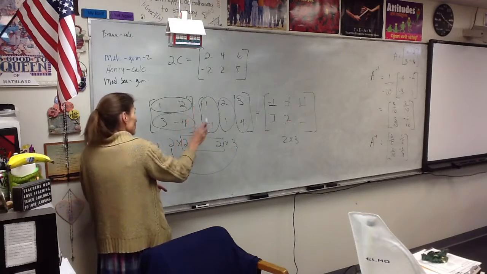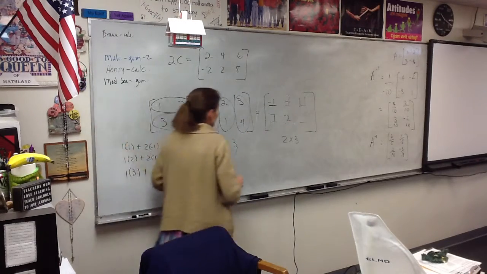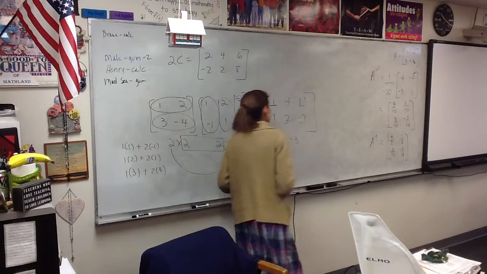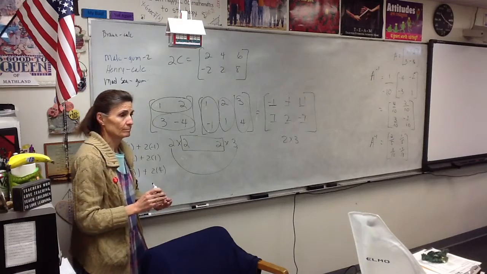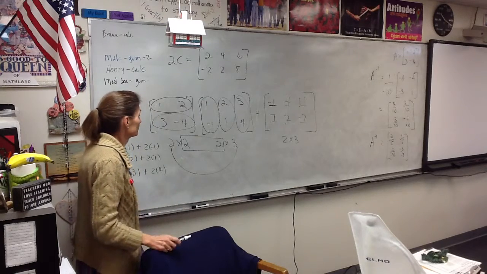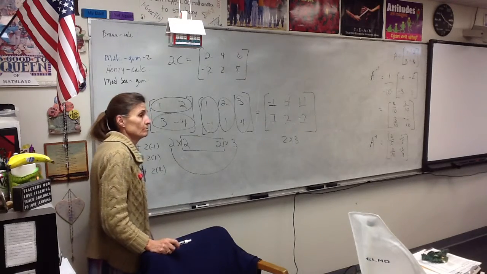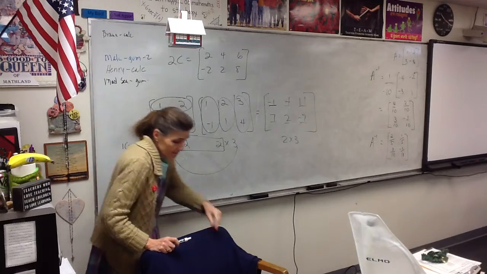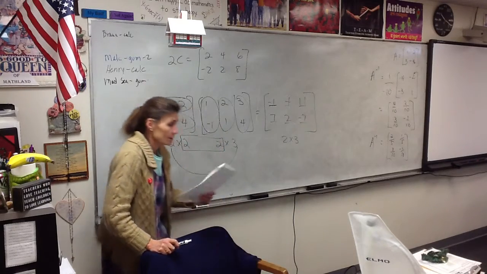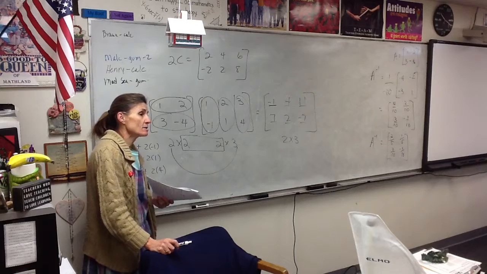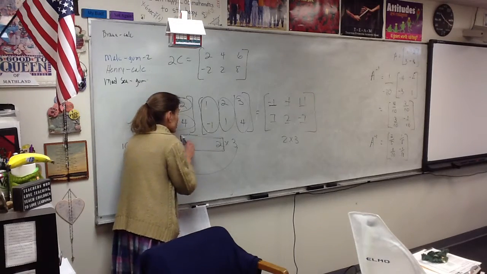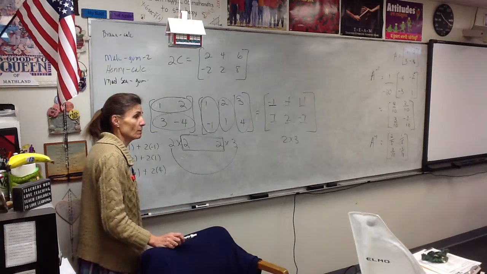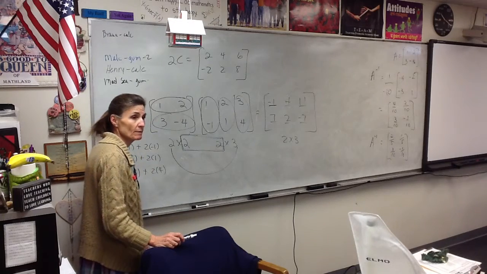And second row, third column, negative 7. 9 minus 16. What? Remember, you can't always multiply. These have to match to be a multiplication problem, doable multiplication.